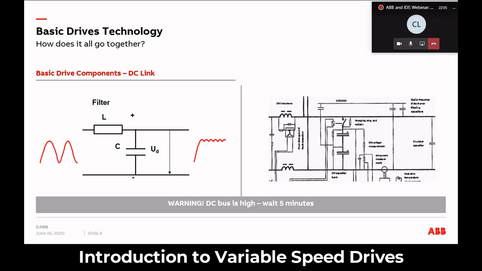It's quite easy that you could power down the drive, start working on it, and then make contact with the capacitors, and then there's a short to somewhere on the system, where it can cause some damage, not to people but to the drive itself as well.